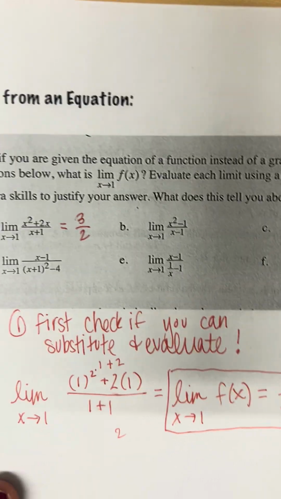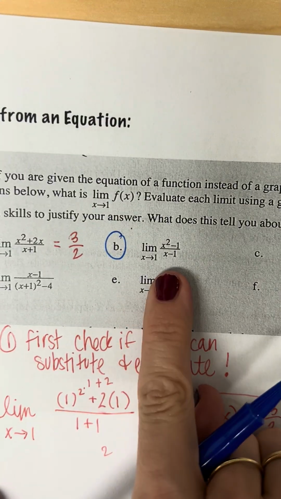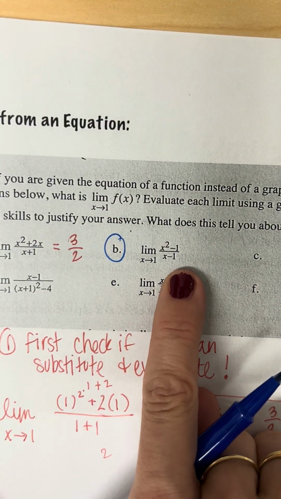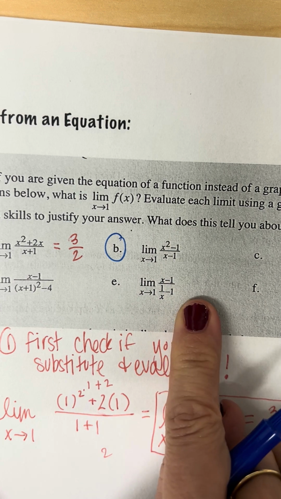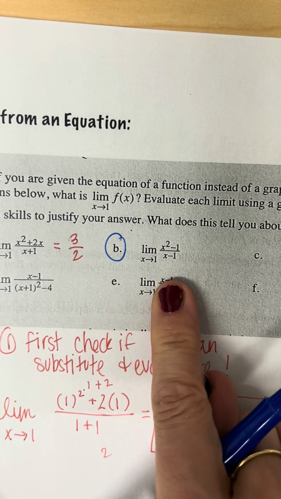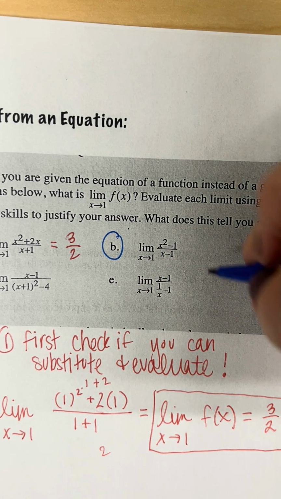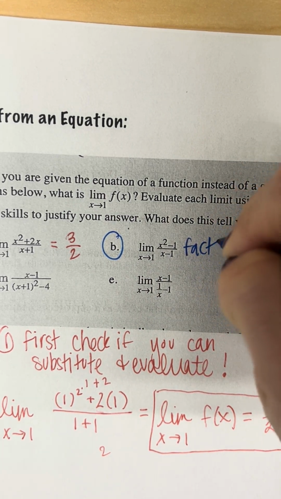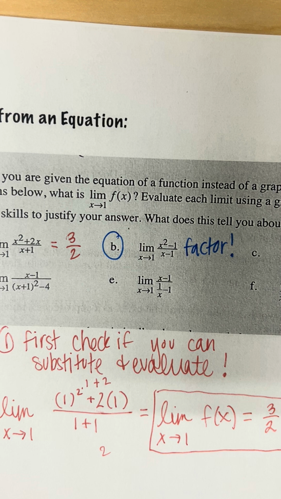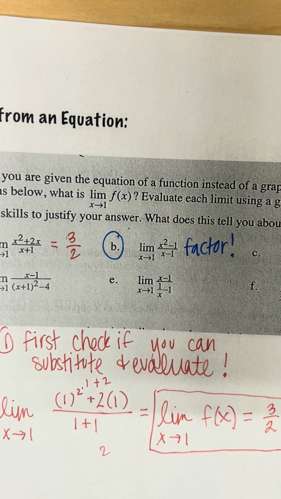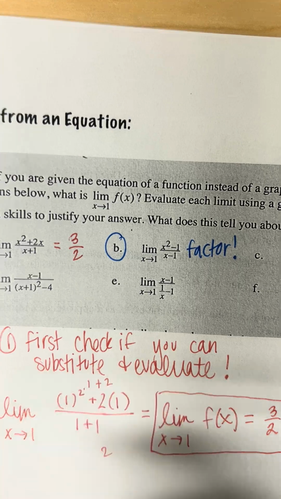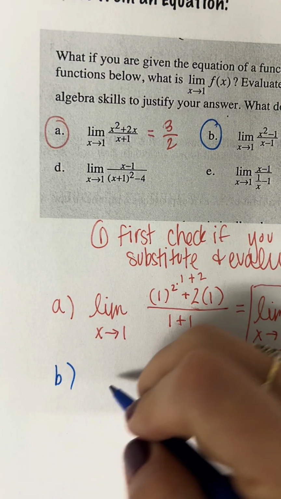Now, when we get to letter B, we can see that if we substitute, 1 minus 1 is going to give us 0, boo, right? So that's not going to work. But I do see that I have an x squared minus 1 in the top. So this one's going to be an example where you're going to factor first. Okay, so that's going to be your second thing. If you can't directly substitute, check and see if you can factor something and maybe cross something out. So I'm going to tackle letter B down here.